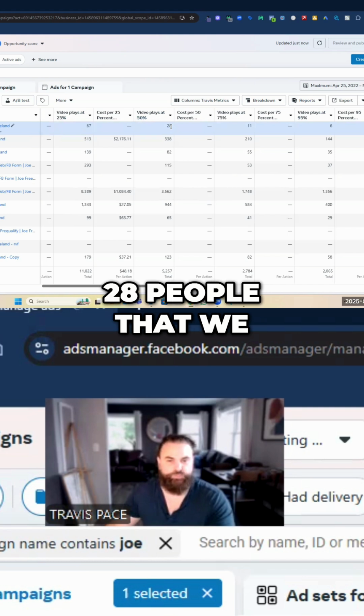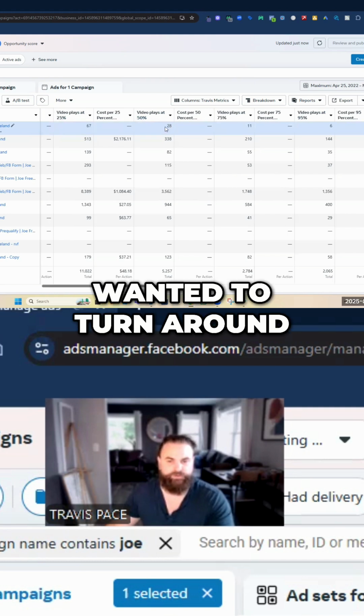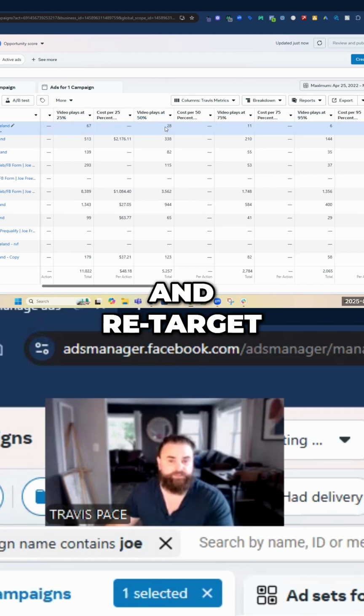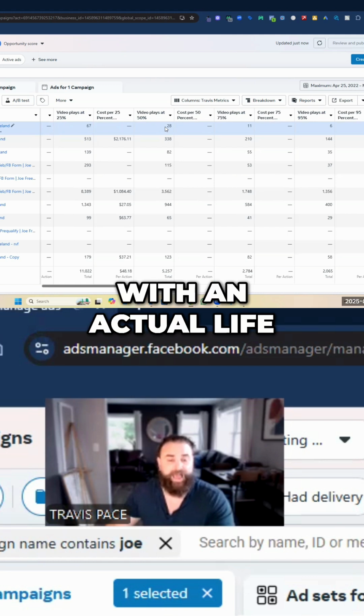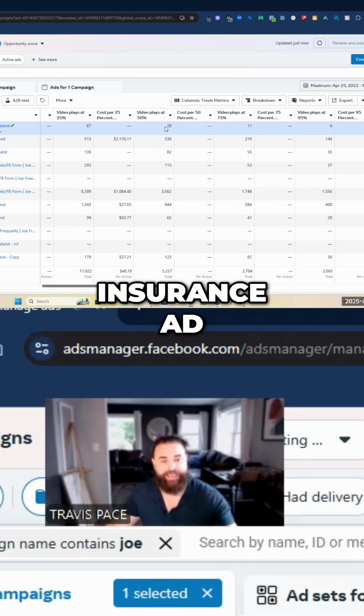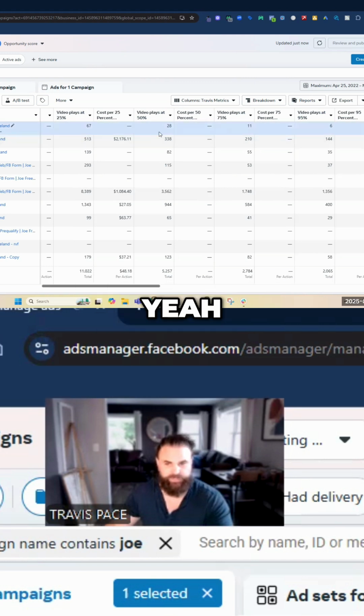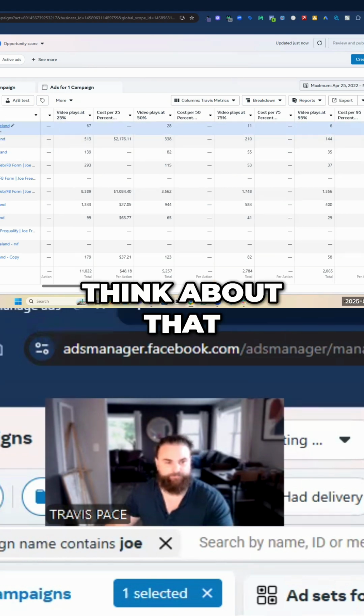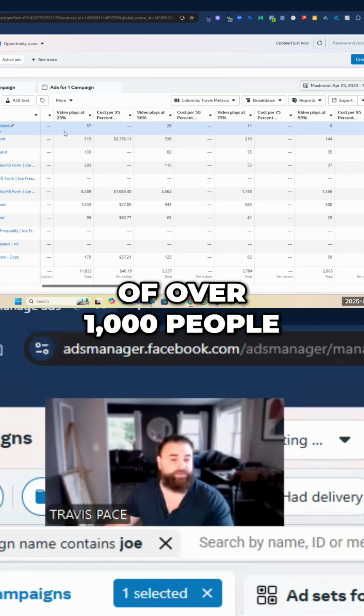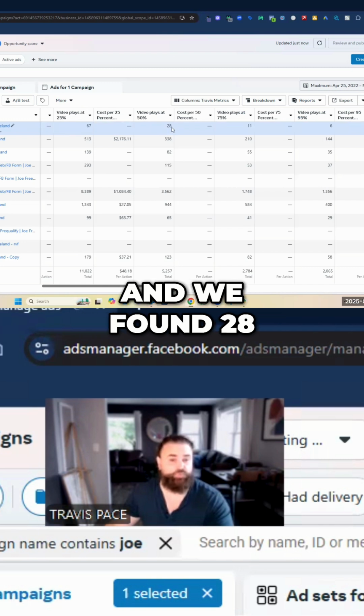And those are the 28 people that we wanted to turn around and retarget with an actual life insurance ad, right? So once we saw that they're interested, and now think about that. We're out in front of over 1,000 people and we found 28.